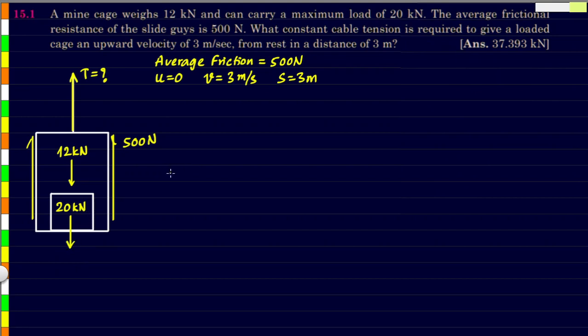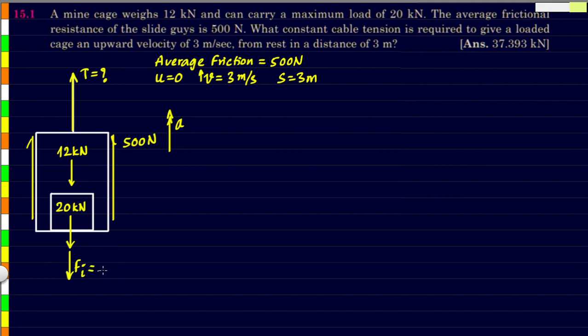So now we have been told that we are required to reach upward velocity of 3 meters per second from rest. That means the acceleration is acting in upward direction, and to balance that acceleration we'll have to apply inertia force in downward direction.